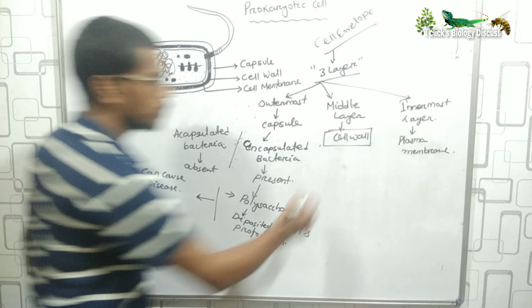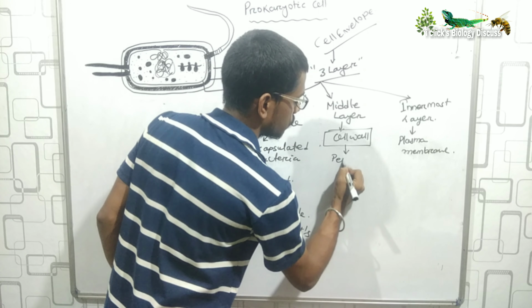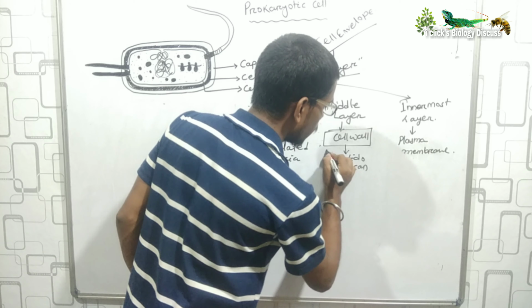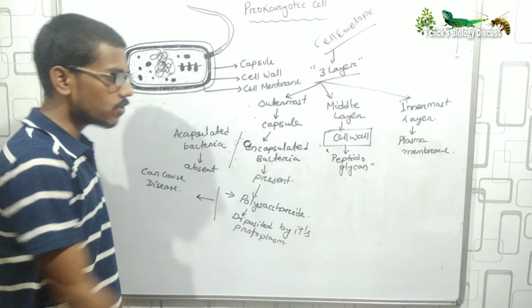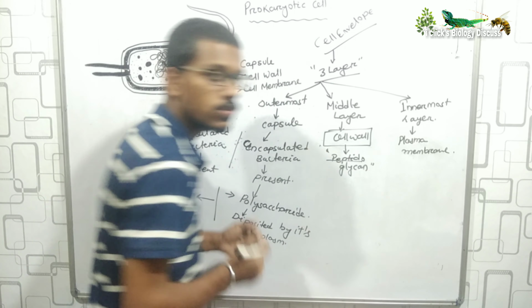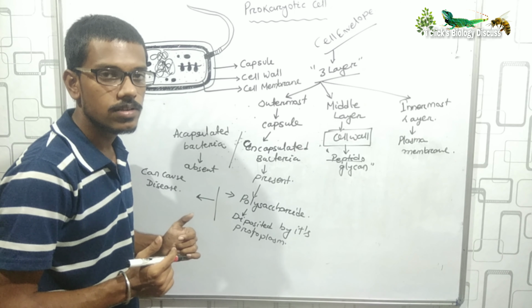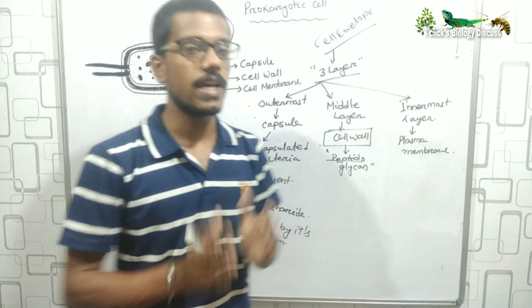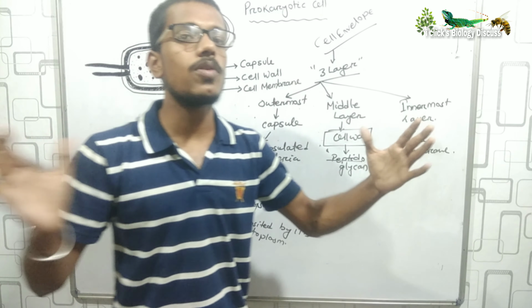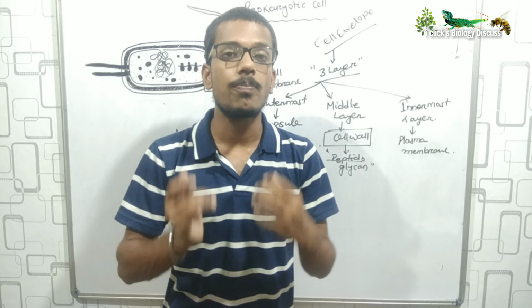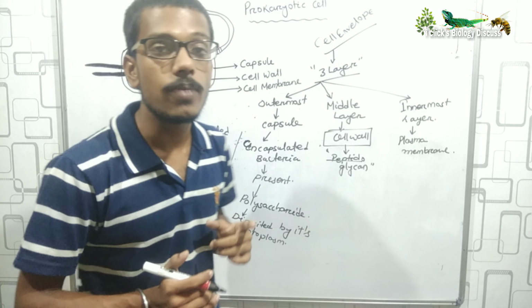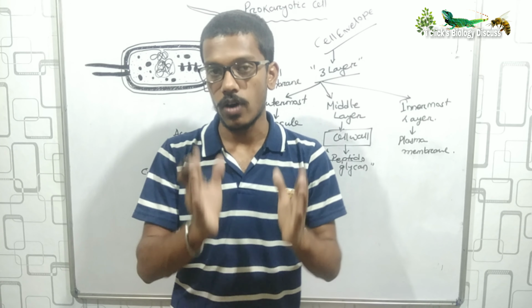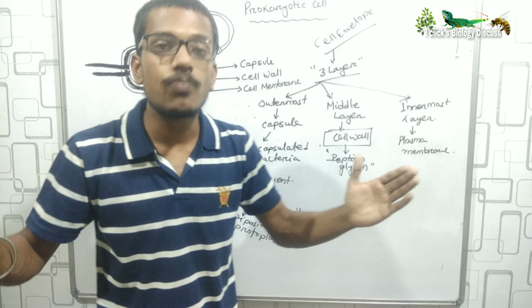And if you see the cell wall, the cell wall in a prokaryotic cell is made up of peptidoglycan. Peptidoglycan means peptide, that is, polypeptide chains. The polypeptide chain is a chain of amino acids joined with the help of peptide bonds, and it can form a strand of protein.